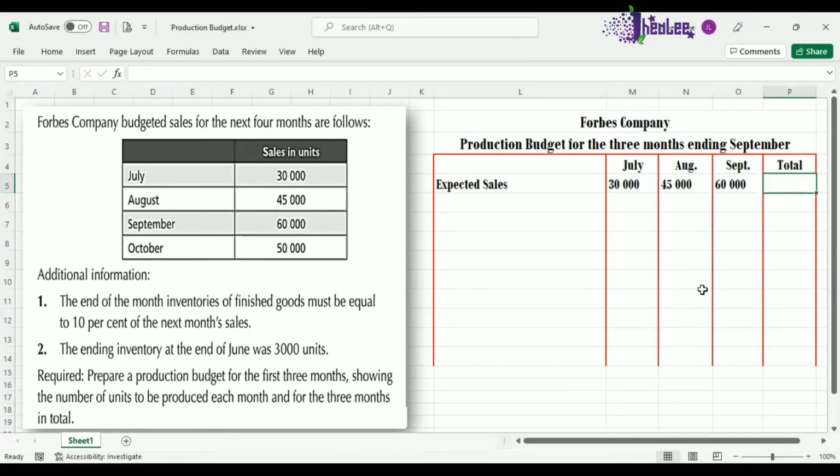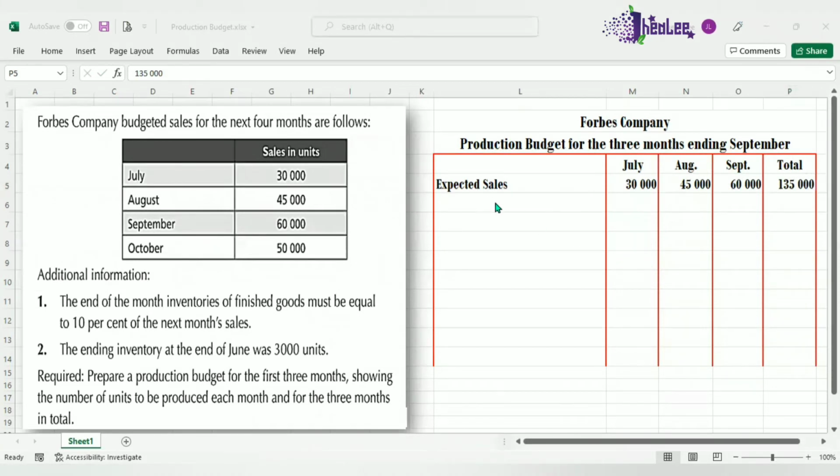And for the total, we're going to add all of these expected sales, and that gives us a total of $135,000. Once you have entered the expected sales, your next step is to add desired ending inventory.